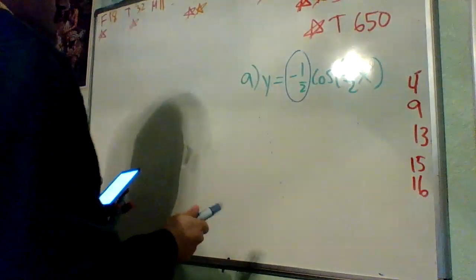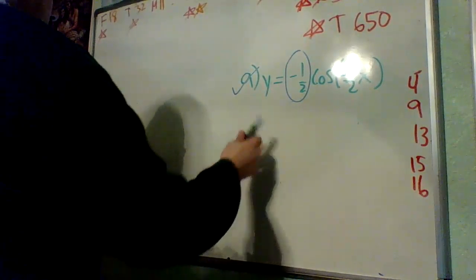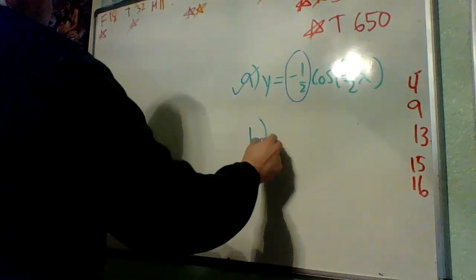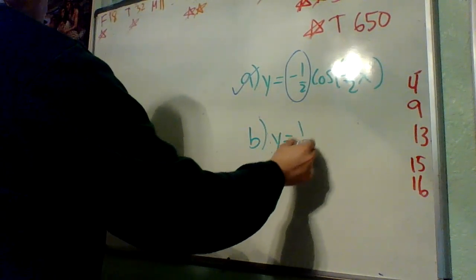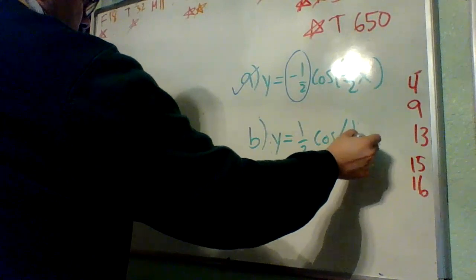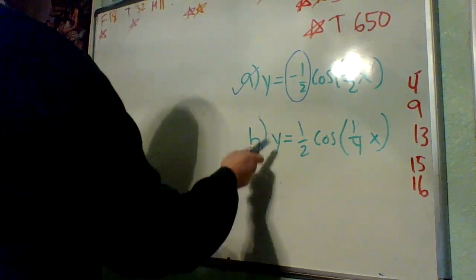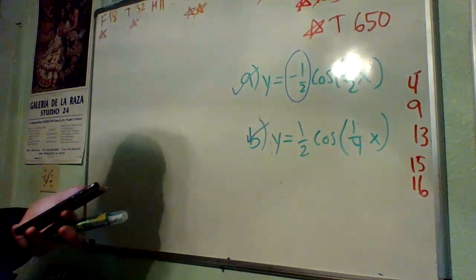This is not amplitude 4, so it cannot be A. On B, we have, well, the same problem. y equals 1/2 cosine 1 over 4x. Again, the amplitude is incorrect, so that's not the one we want.